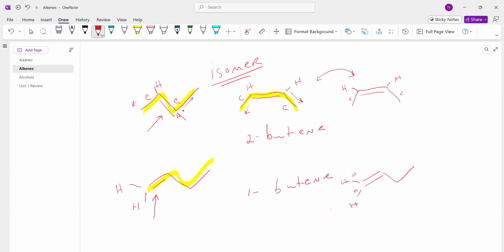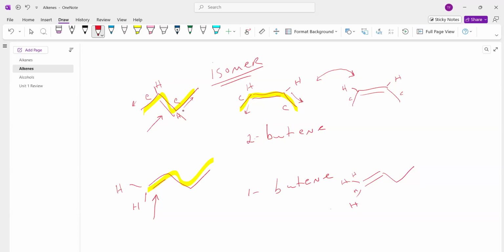Now, remember we talked about alkanes. We talked about alkanes in general are not rigid, except cyclic ones. Cyclic ones are rigid. That means all the carbons and everything cannot move around, because single bonds can rotate freely about the single bond.